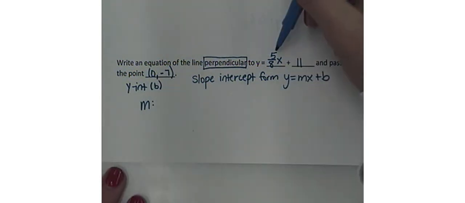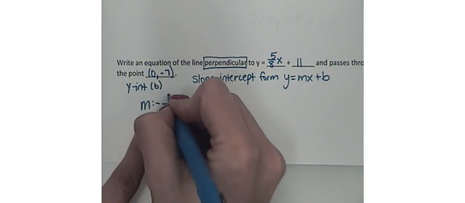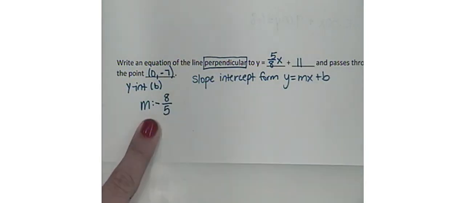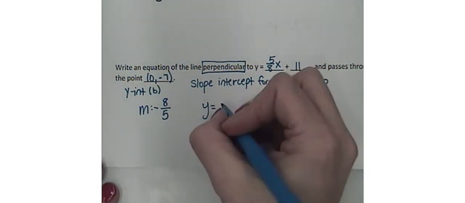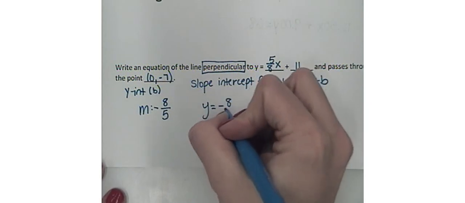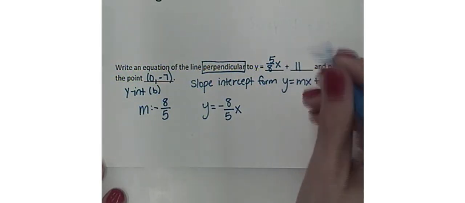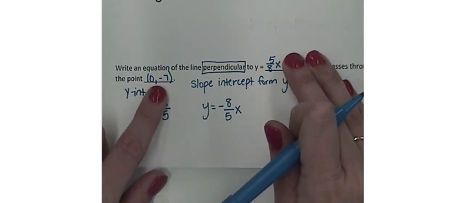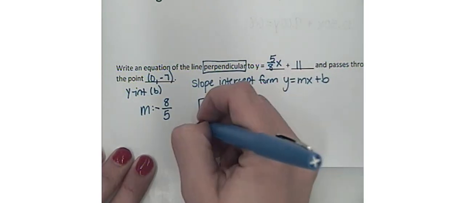My slope here given is 5/8. So my new slope has to be negative, and then flip it. So 8 moves upstairs, 5 moves downstairs. So now y equals -8/5x. And remember, I don't need this 11. That was given. I need my new y-intercept, my new b value, which is -7. And this would be my final answer.